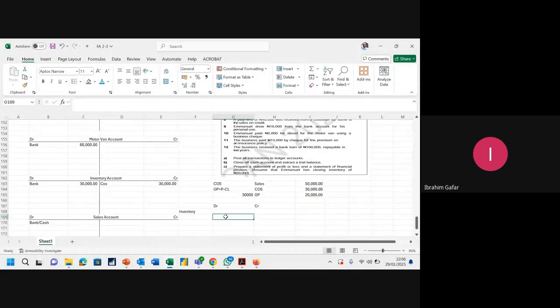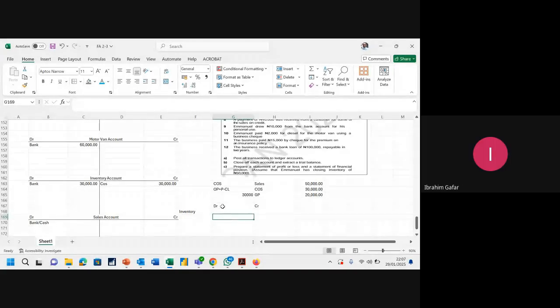Your cost of sales is an expense, just that it is a direct expense, not an indirect expense. There are direct expenses, there are indirect expenses. Do you know or you don't know? We know. Okay, good.